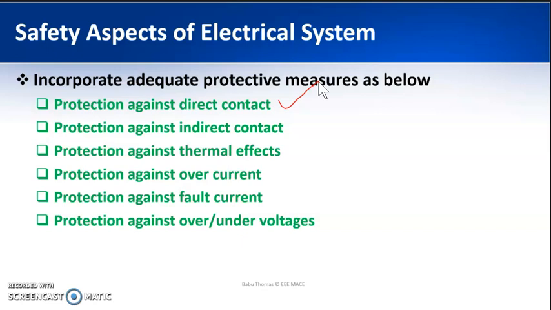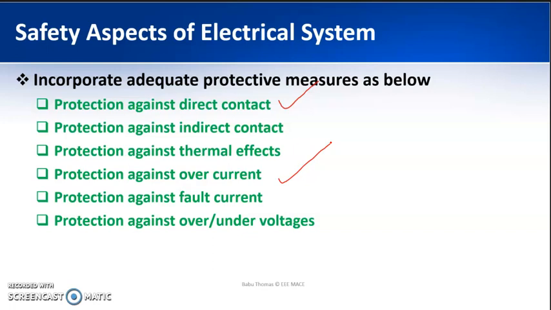Now the protection against overcurrent. In all these discussions, it is not only the persons, it is also the property which comes into the picture. Overloading in a particular electrical installation cannot be avoided, and if overloading is there, then obviously overcurrent comes into the picture, and it may damage equipment if it is not protected properly.